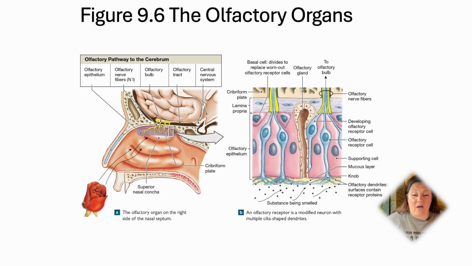So again, we've got the chemical substance getting trapped into the olfactory epithelium, the mucus area of the olfactory epithelium. Within the olfactory epithelium, we have the dendrites that are going to interpret the chemical information into electrical information, depending on what it is.